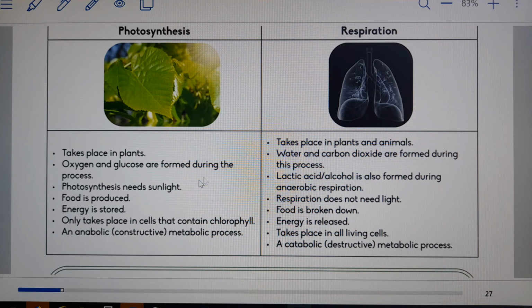The key differences are: where photosynthesis takes place, where respiration takes place, what is formed during photosynthesis and what is formed during respiration, what is used during photosynthesis and what is used during respiration, and whether it is anabolic or catabolic.